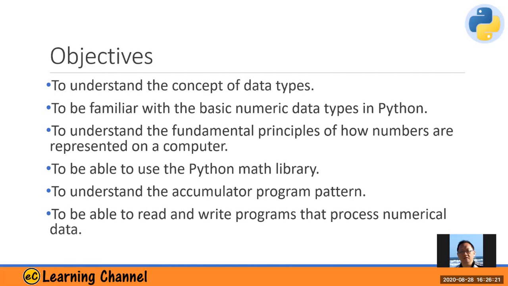But here let's assume that everything is called data, though the data itself will still have different names. So in this chapter we try to teach you basic processing of data, which means data types, and understanding the fundamental principles of how numbers are represented. We will use the math library, try to understand the accumulator program pattern, and we will write numerical data programs. So that's this chapter's purpose.